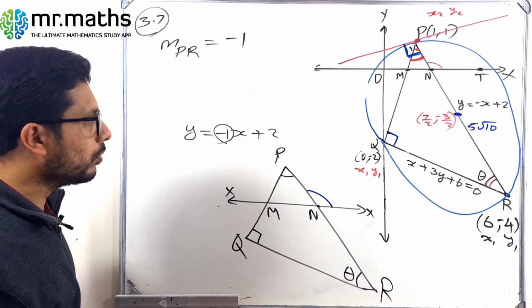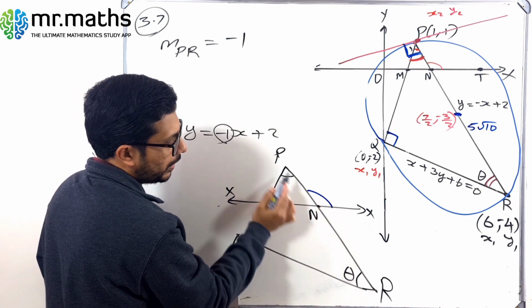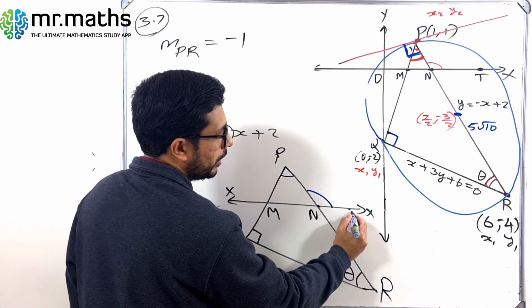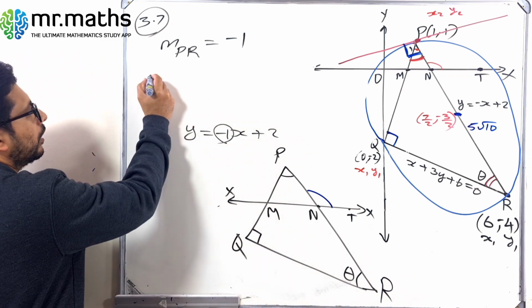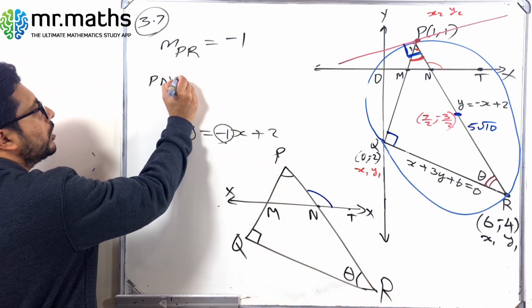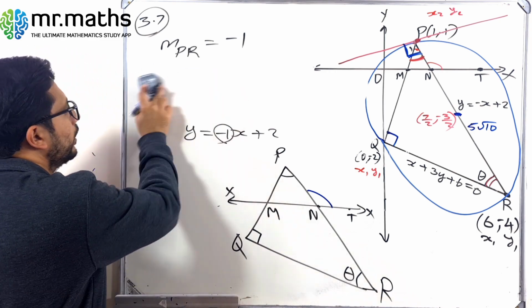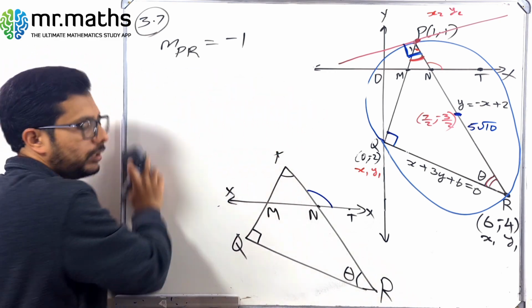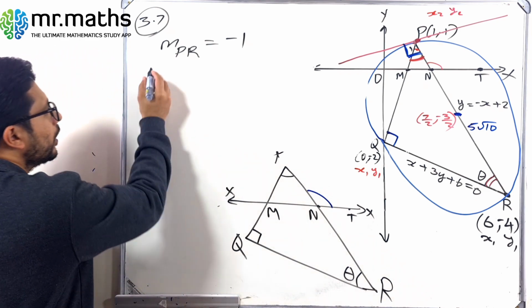So now how can I find this angle? There is a point here T. So what is angle PNT? Just for you to understand, we can write it like this, or if you have the practice you can write directly.